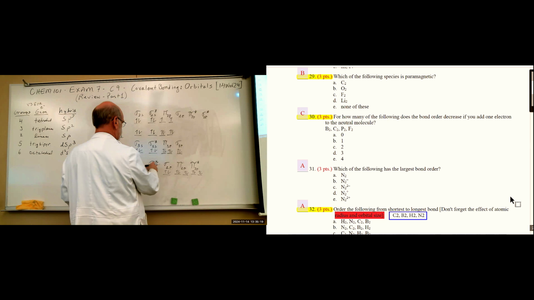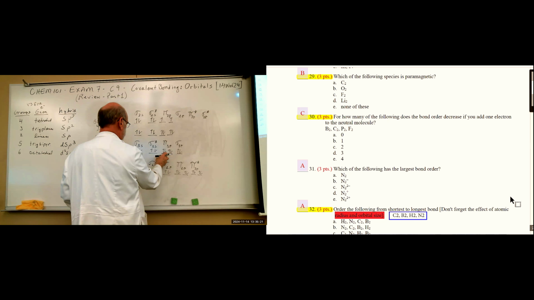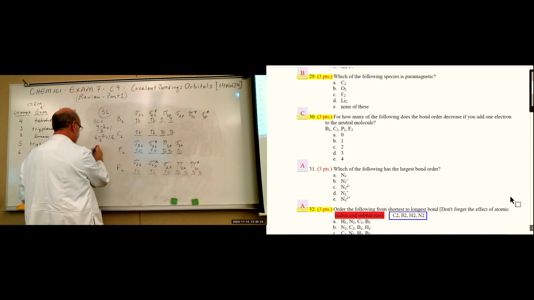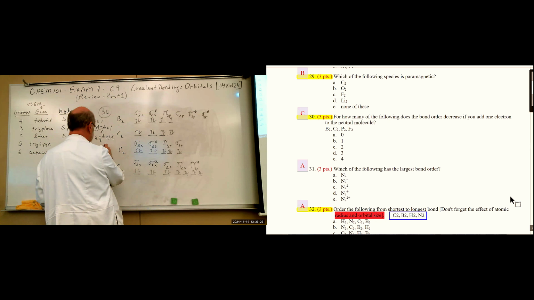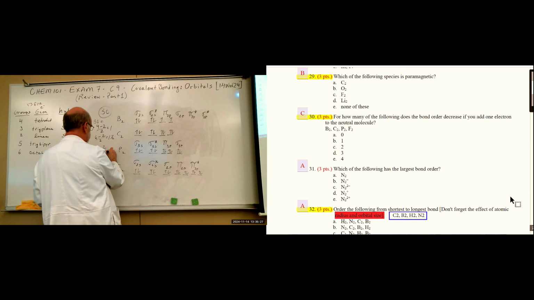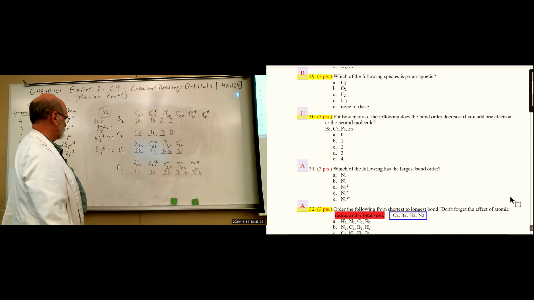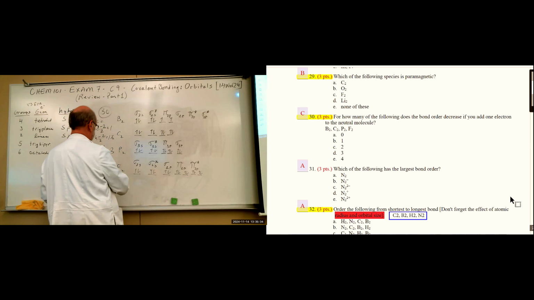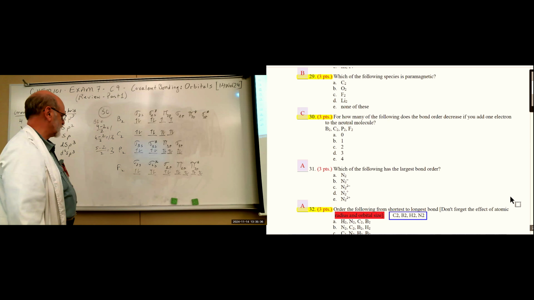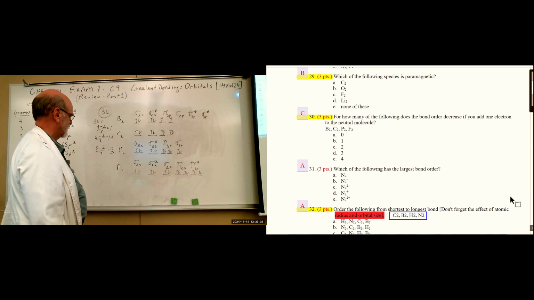Let's see. This is 2, 4, 6, 8 minus 2 divided by 2 is 2. Oop, no, it's not. 3. 8 minus 2 is 6. There we go.